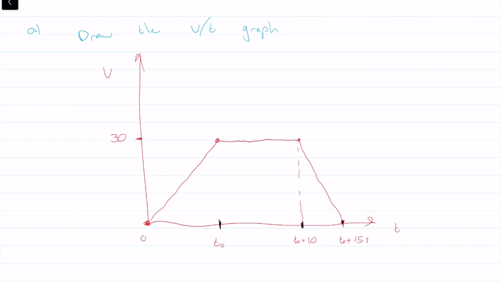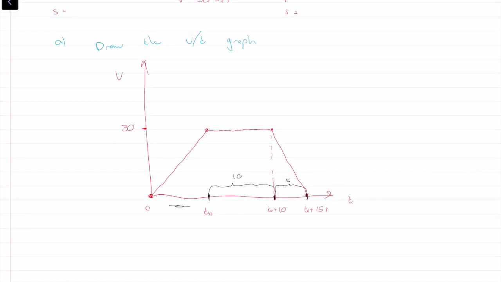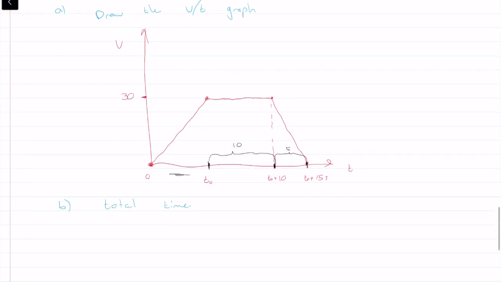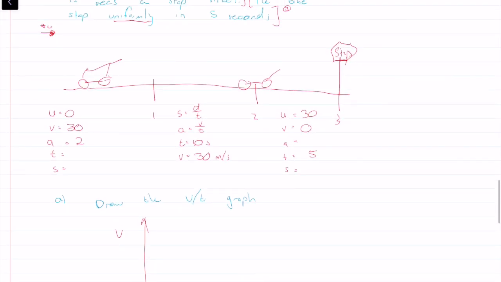So basically, this section right here is 10 seconds plus whatever this section is, and this section is another 5 seconds. With that being said, let us calculate the total time. My total time, if I look here, is just my t naught plus 15 seconds. So what I need to figure out is, what is my t naught?